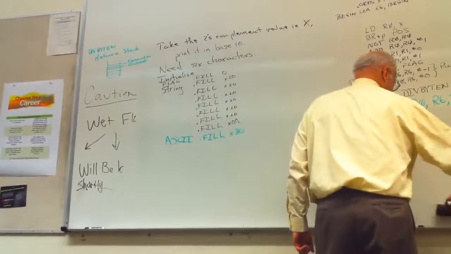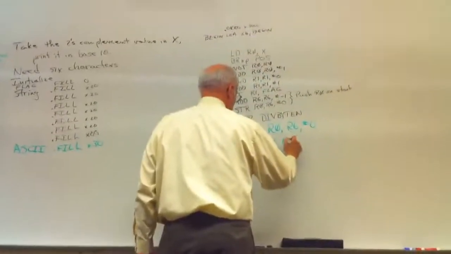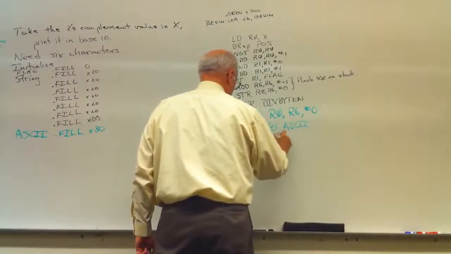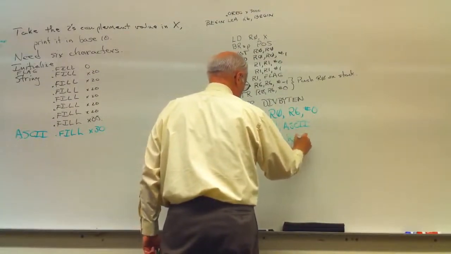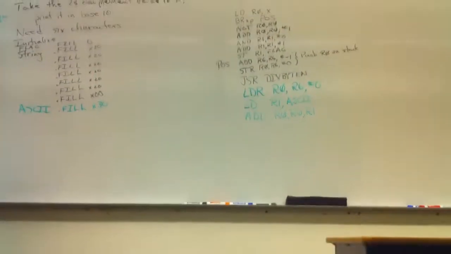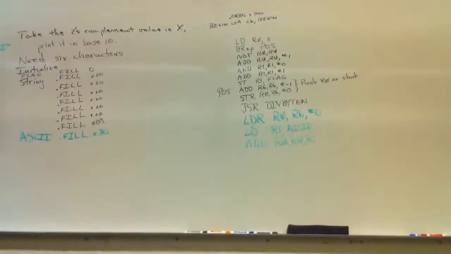Now, I can load register 1, and then do an add register 0, register 1. Now I need to store that thing someplace. Uh-oh. Good thing I left a gap up here. Might even think I was thinking ahead.